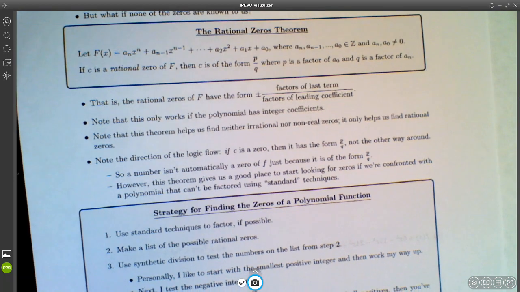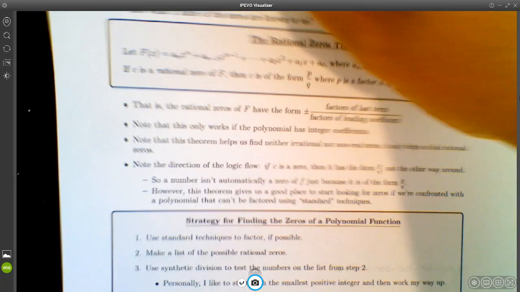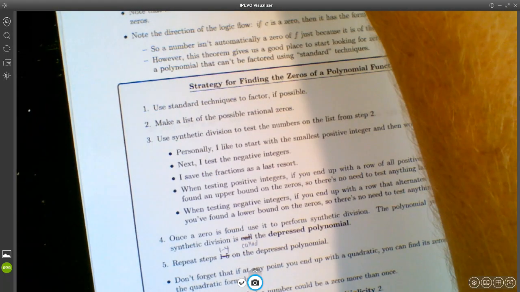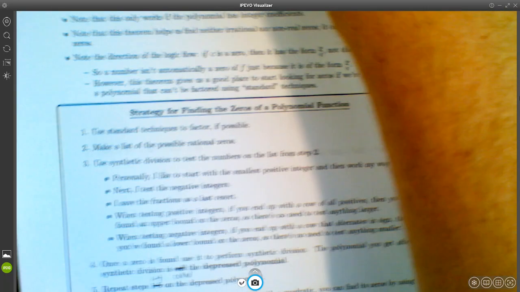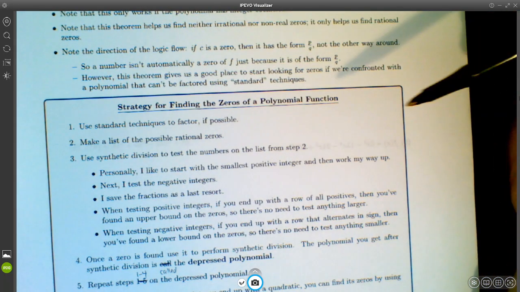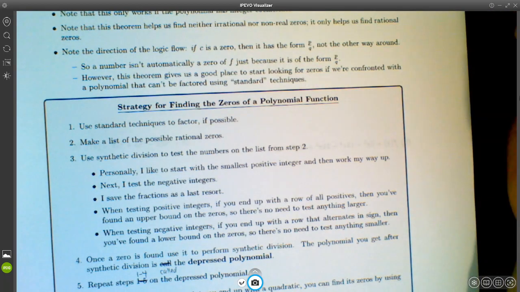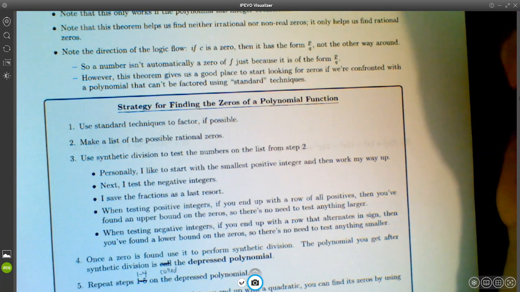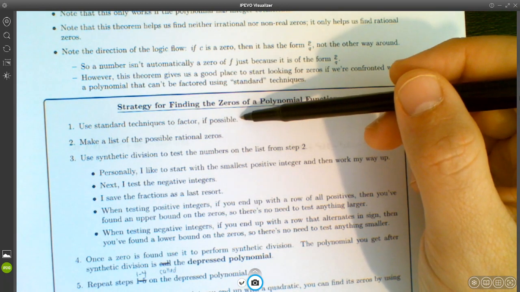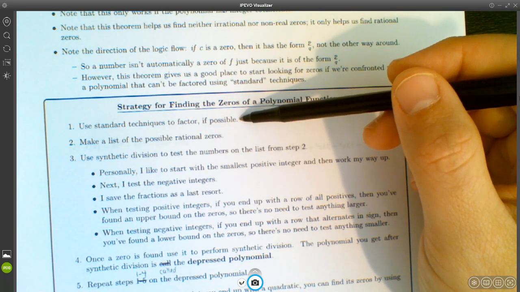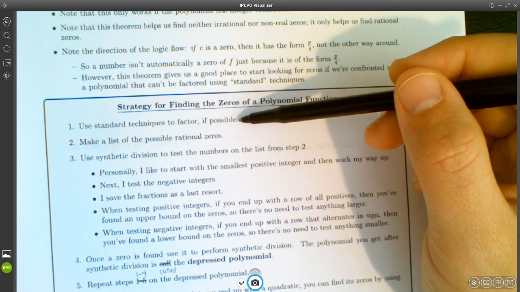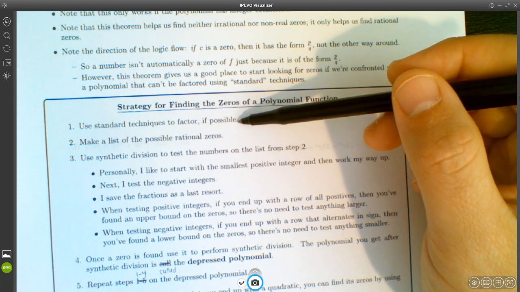So here's how we apply this theorem to sort of a general strategy for finding zeros of polynomial functions. Okay. So if I were confronted with just some random polynomial that I was trying to solve or factor or something like that, the very first thing I would try to do is use standard techniques to factor it, like the techniques that we reviewed back in section 2.2.